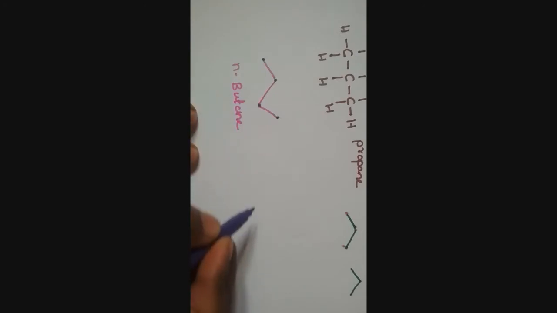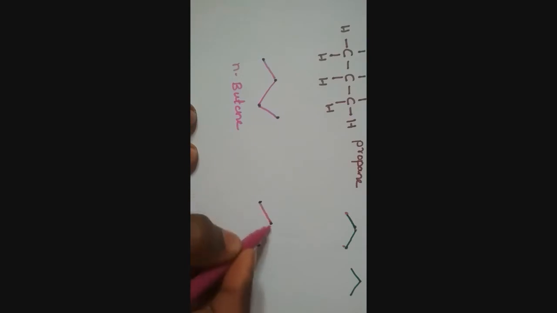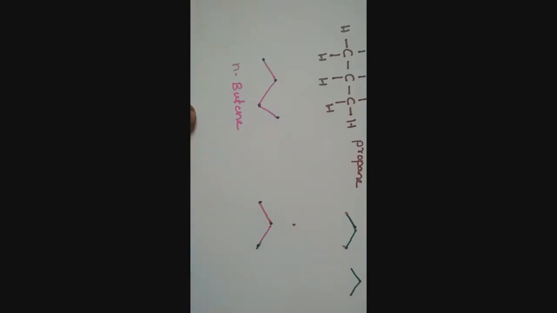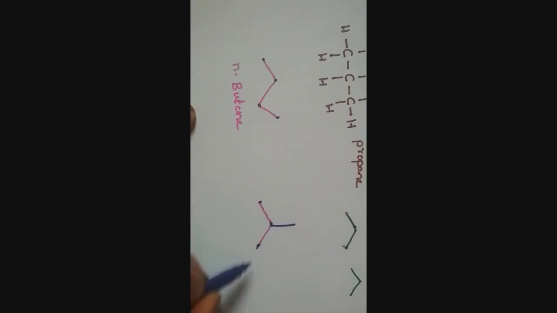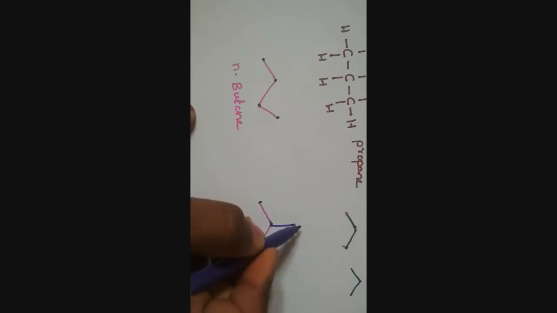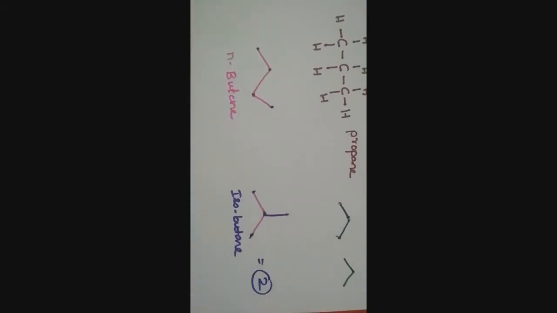So you can take a 3-carbon parent chain, C1, 2, 3, and join one more carbon here. This indicates CH3, CH, CH3, with a CH3 attached. This is the parent chain, attached with a methyl group. See, 1, 2, 3, 4. It is called isobutane. Hence, the number of possible isomers in butane is 2.